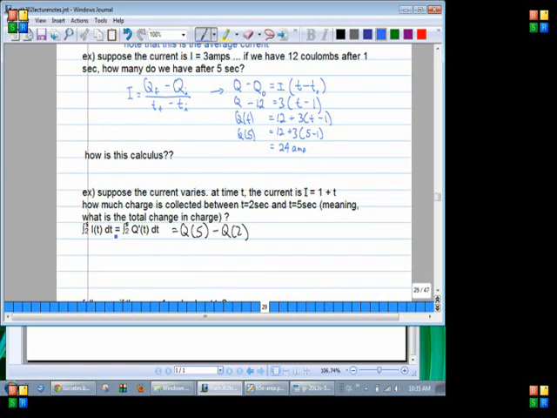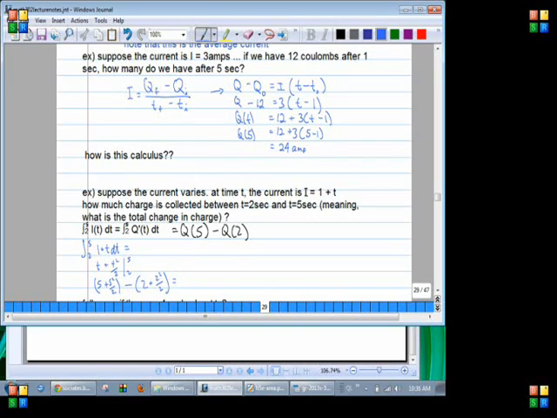Okay, so we need to integrate. This is the integral from 2 to 5 of 1 plus t dt, and that is t plus t squared over 2 from 2 to 5. So that is 5 plus 5 squared over 2 minus 2 plus 2 squared over 2.